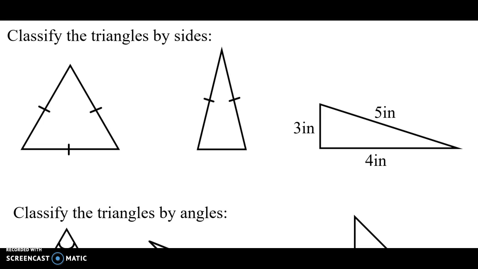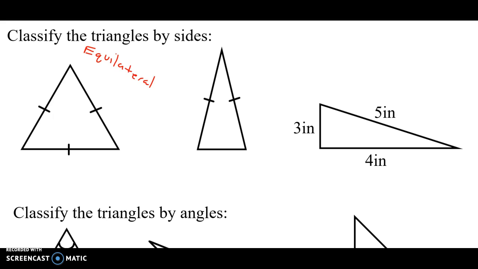Good. Here we go. Classify the three triangles by side. All right, Michael, what did you name the first triangle? Equilateral. What else could we call this? There's one other one, Sean?